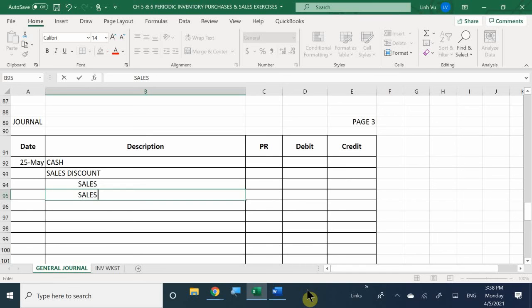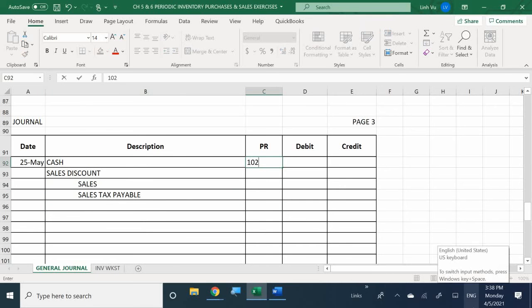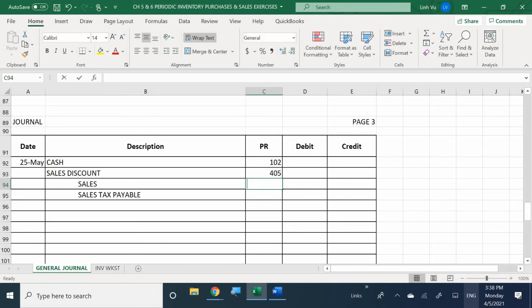Taxes. Yes. Sales tax payable. Okay, so let me take a second here to enter in my account numbers. Cash is 102. Sales discount is 405. Sales is 401. And sales tax is 230.